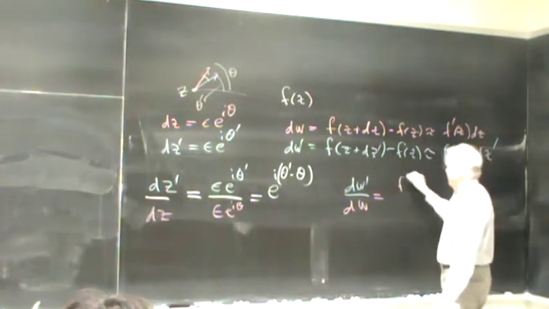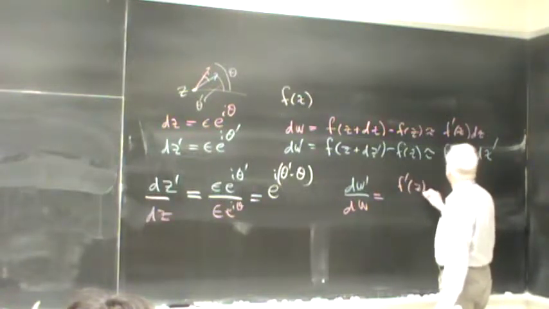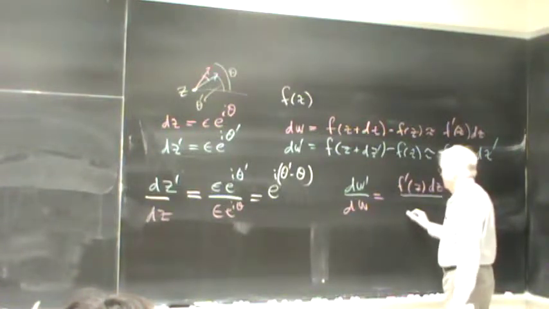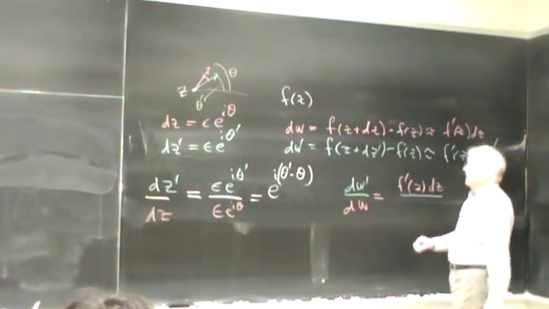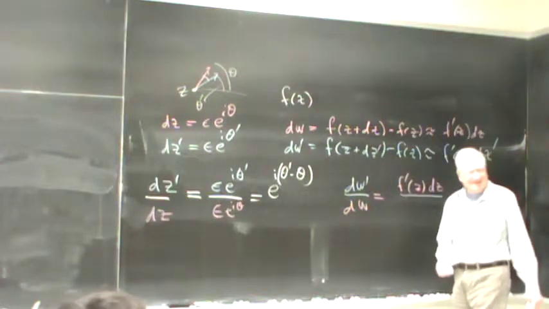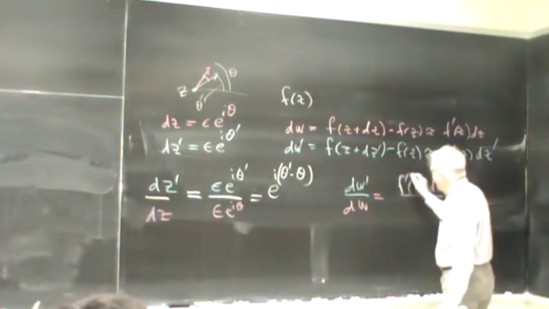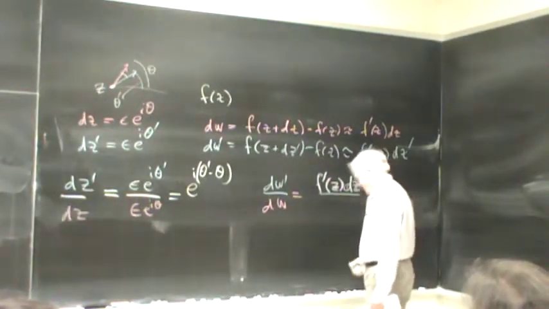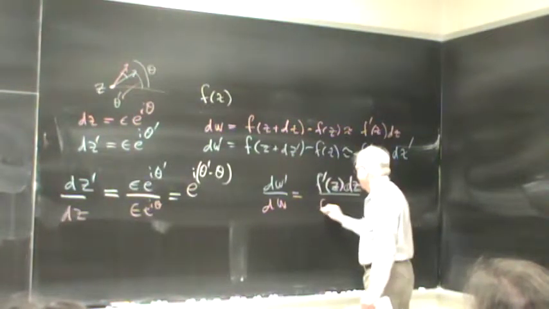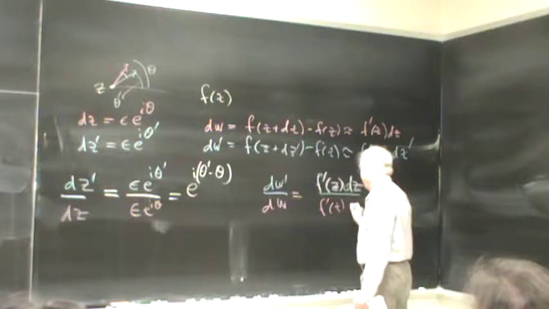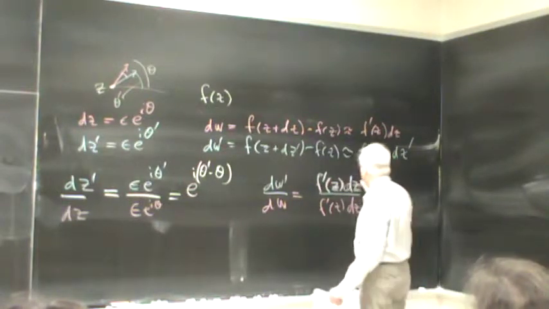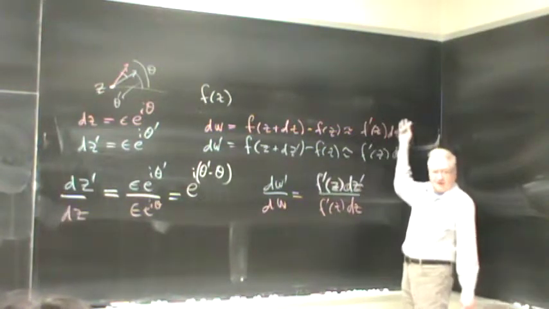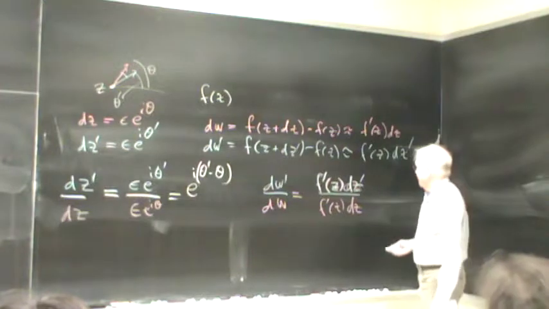It's going to be f prime of z dz prime over f prime of z dz. And importantly, the prime on f means first derivative, while the prime on dz means another vector.